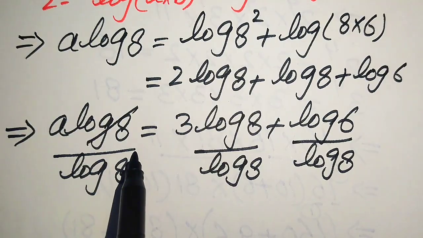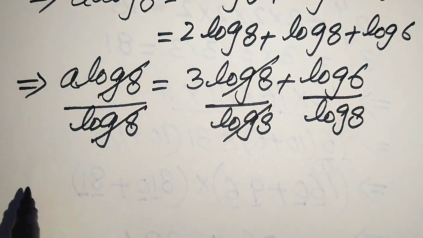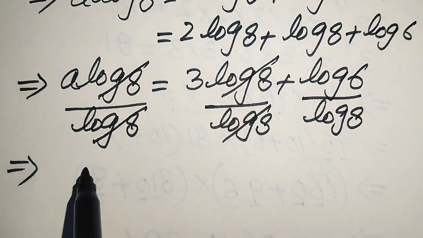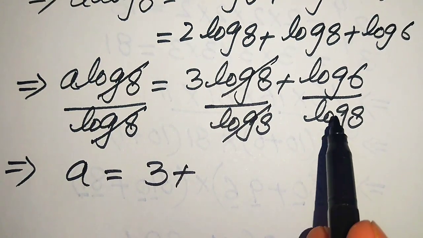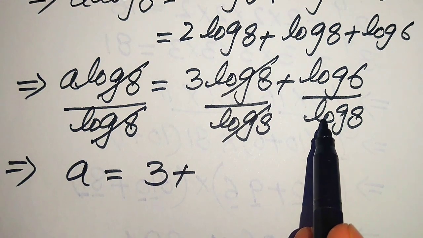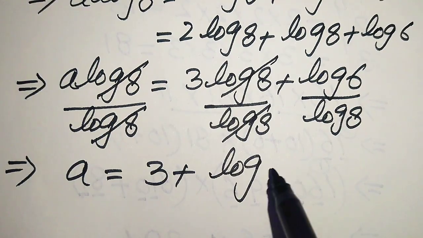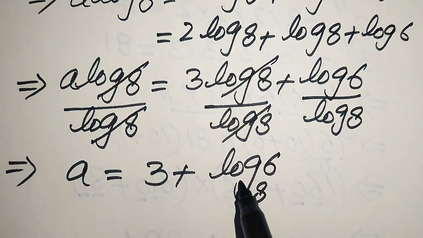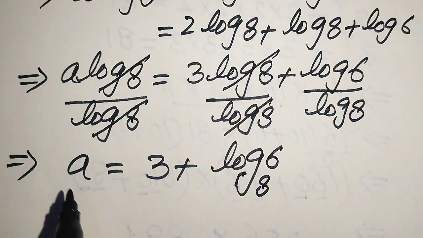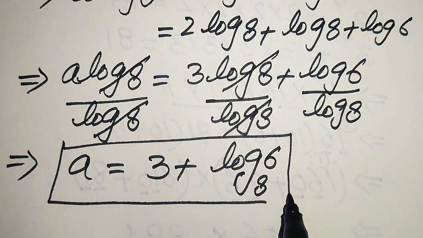This log 8 is cancelled out by this log 8, and this log 8 by this log 8, and the remaining values are a equals 3 plus, here we again apply the property of a log. We combine these two logs, and we get log 6 of base 8. So this is the final value of a in this problem.